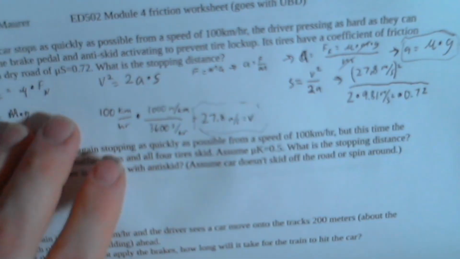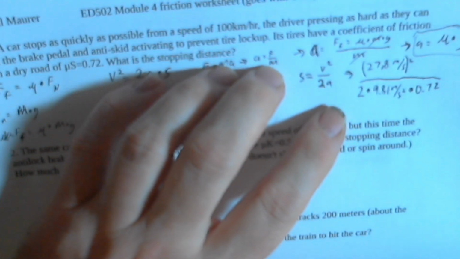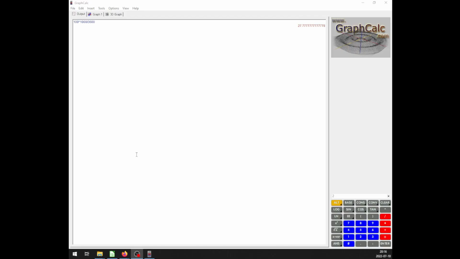So we can run this through a calculator. 27.8 squared divided by 9.81 times 0.72. And that gives us 109.4.